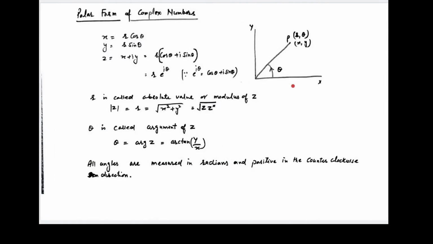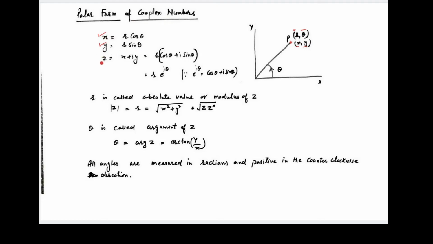Next is polar form of complex number. Suppose we have a complex plane and a point representing a complex number. In Cartesian coordinates this point's coordinates are x and y, and in polar coordinates are r and theta, and the relationship between these polar coordinates and Cartesian coordinates is given by these two equations.